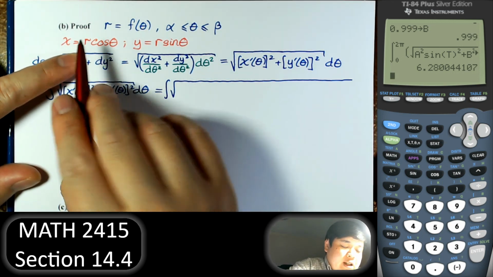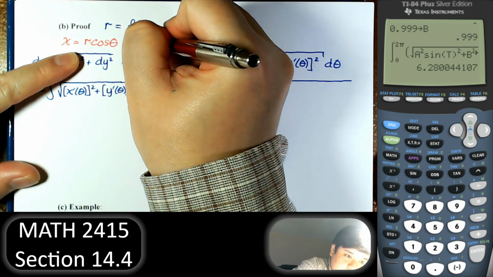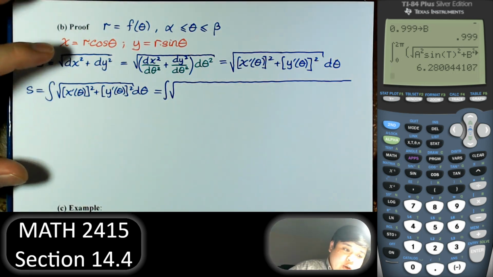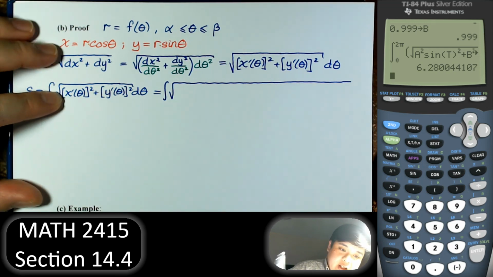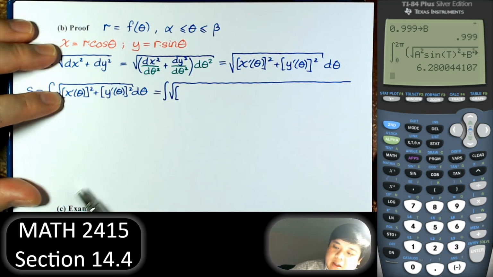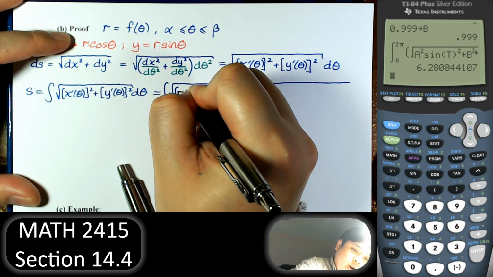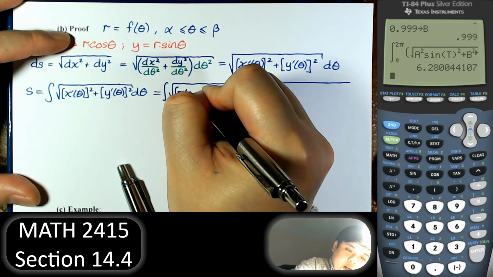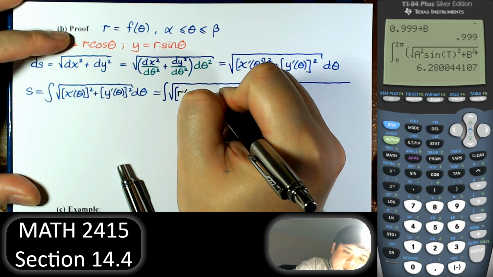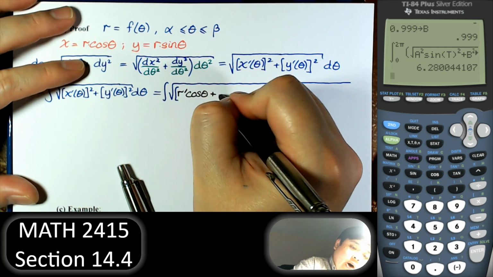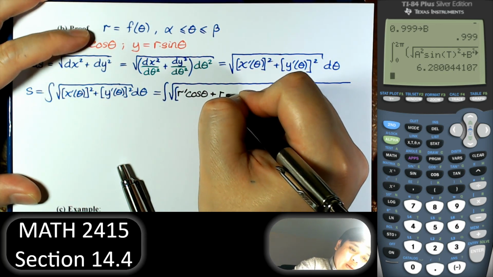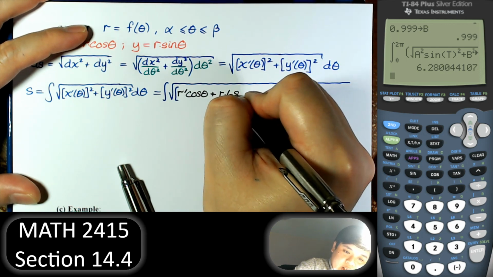Notice r is a function of theta, so for the derivative of x, I'm talking about x first, that is the product rule: r prime cosine theta plus r times the derivative of cosine, which is negative sine theta.